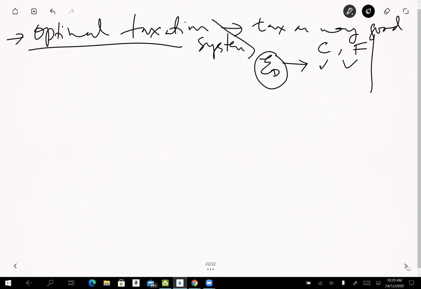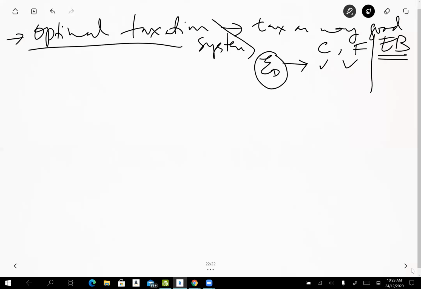Okay, number two, what about the excess burden? If the demand is more elastic, how does the excess burden change? Larger. More elastic, larger excess burden. More inelastic, excess burden is smaller.